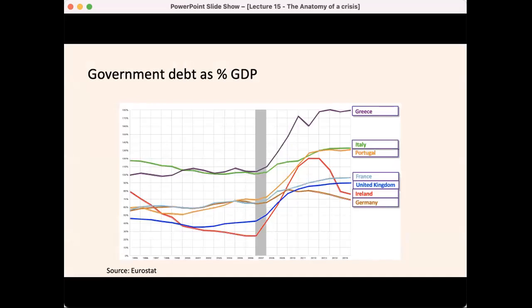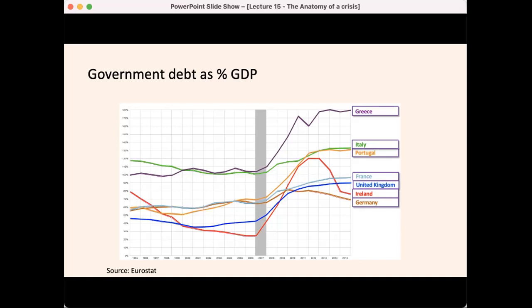To illustrate the view, what you can see from this is that government debt as a percentage of GDP leading up to the financial crisis is stable, declining or increasing dependent upon the policies of the various governments that are in place.